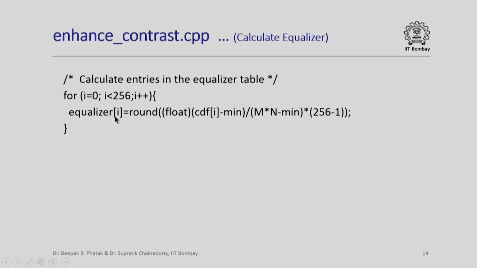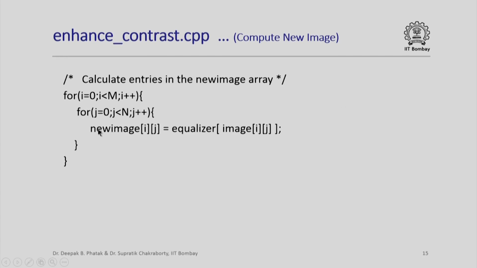So, what does equalizer i contain now? If a pixel value in the original image is i, then equalizer i will give me the new image value. So, I again use the associative property of the equalizer array itself to calculate values of my new image.